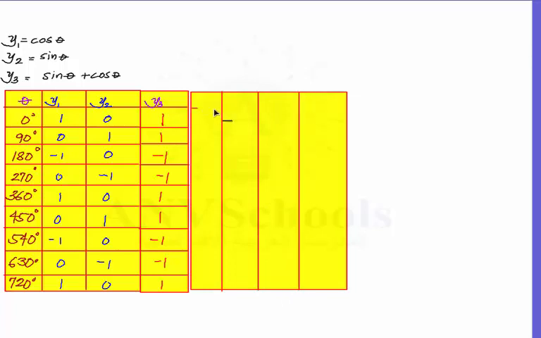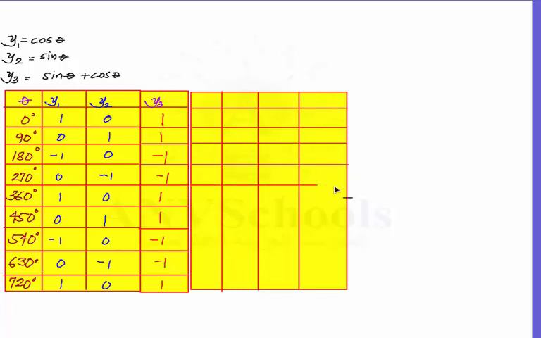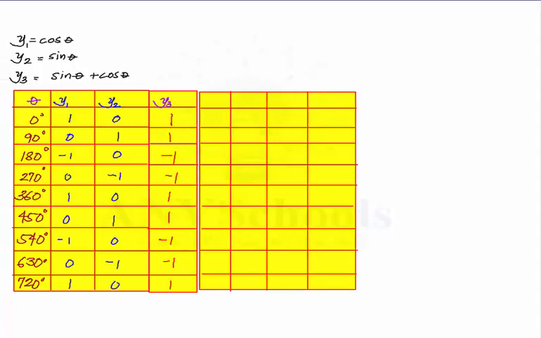Let's insert the values of theta, which are in between these intervals, 0, 90, 180, etc. So let's start with theta, y1, y2, and this would be y3.